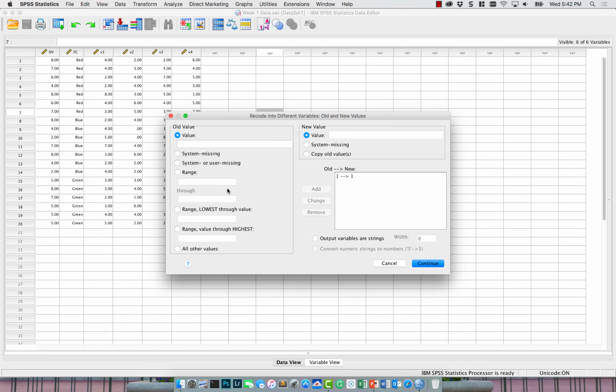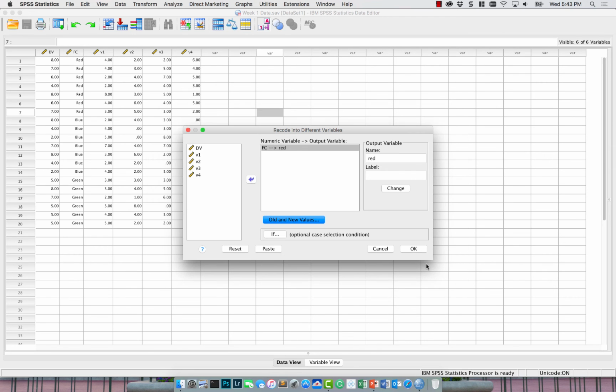Then we could have some missing data, so we don't want to automatically make everything else, including missing data, a value. In this case, we don't have any missing data. So I might say system or missing stays system or missing. And then all other values are going to be what value? 0. And I add that. Then let's keep our fingers crossed that it produces some output.